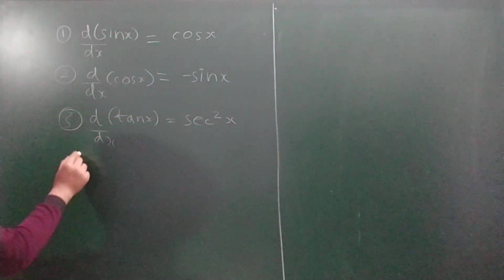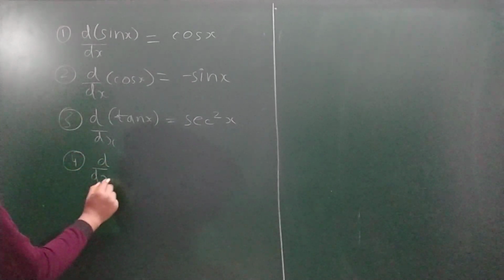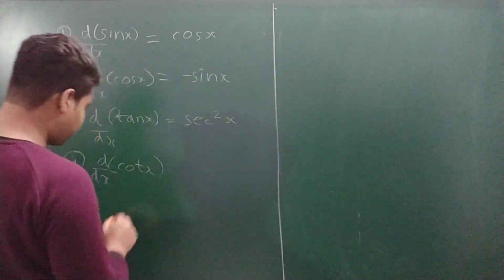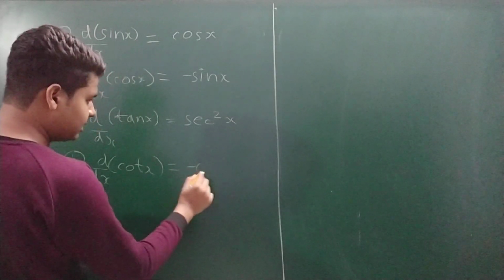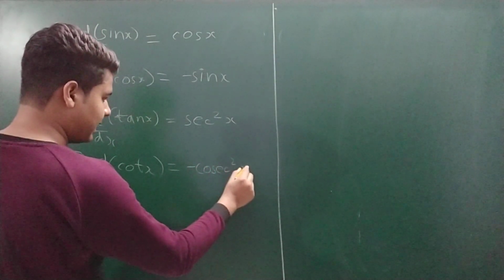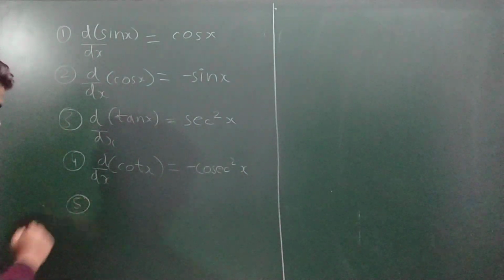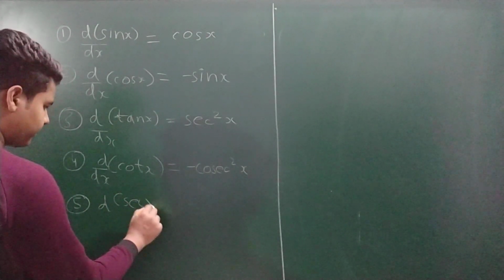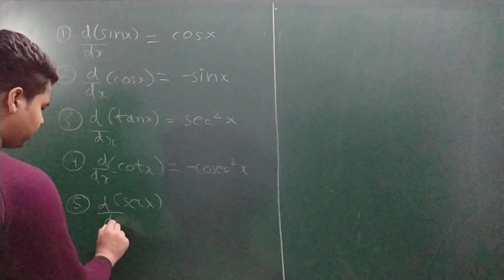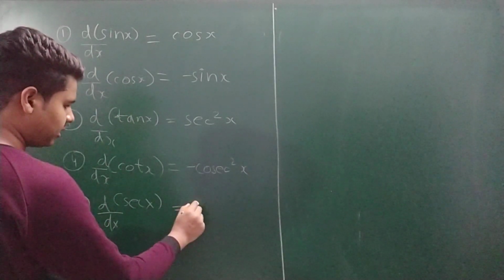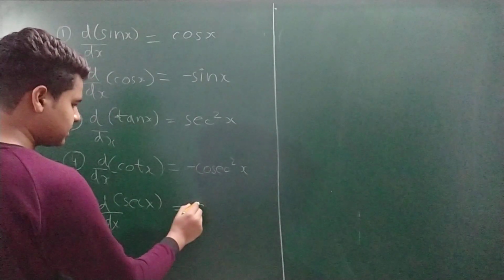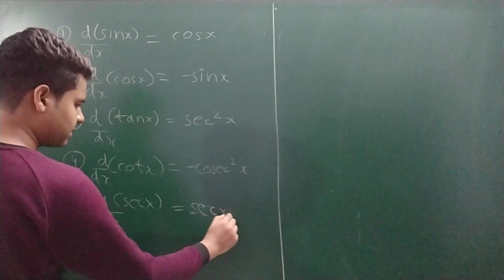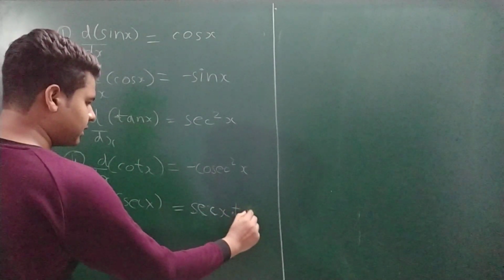Then the fourth one is differentiation of cot x with respect to x, and the formula is minus cosec square x. Then the fifth formula is differentiation of sec x with respect to x, which is sec x tan x.